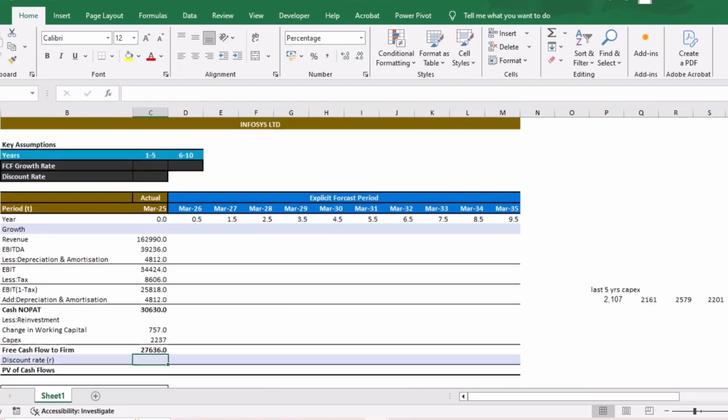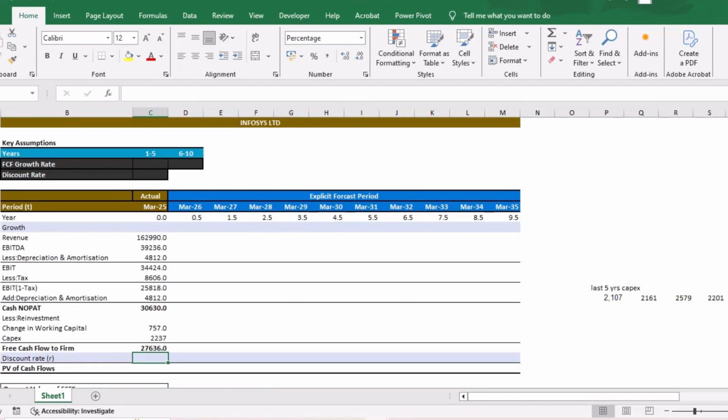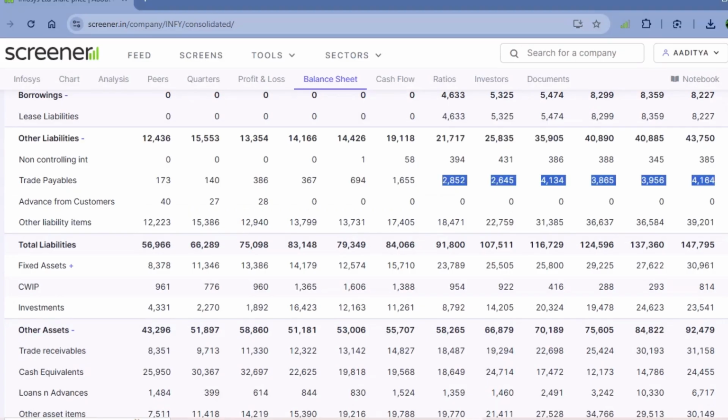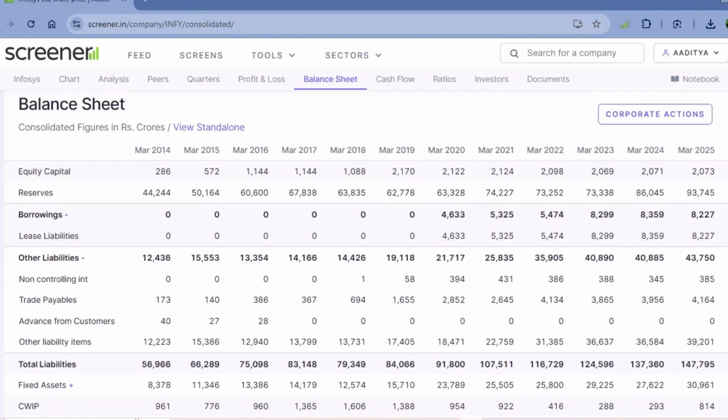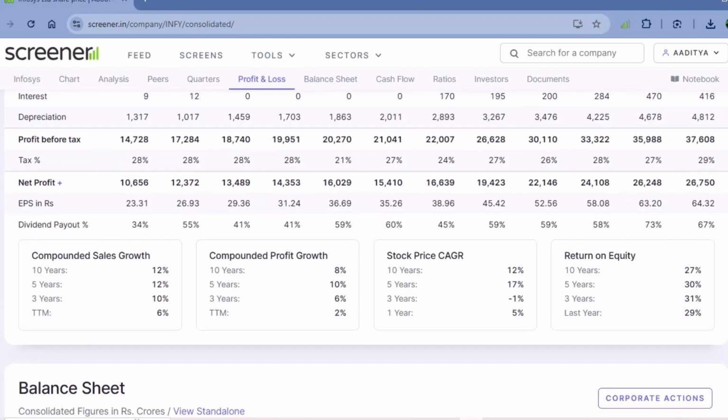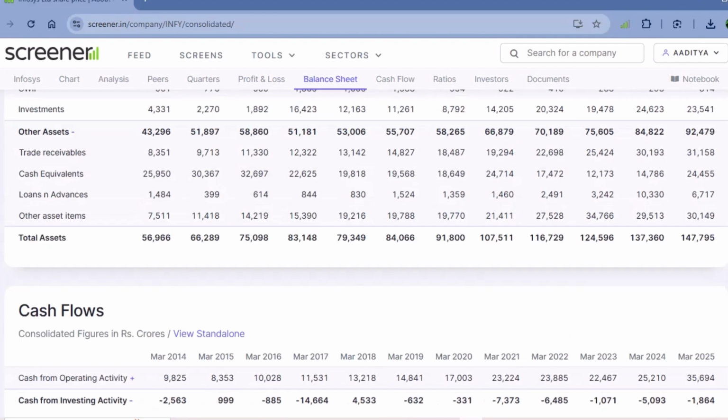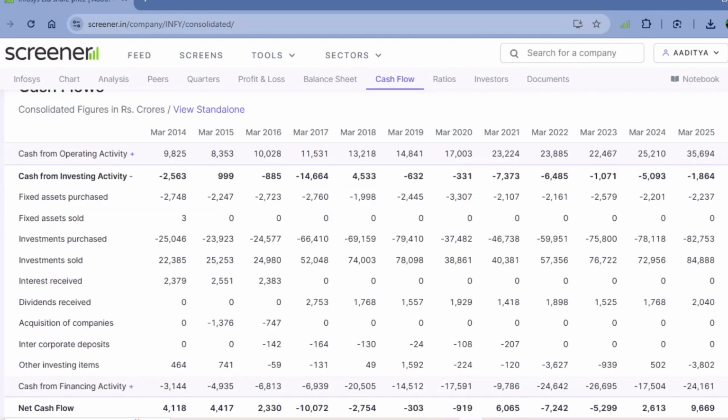Okay, so for forecasting the future growth, we have already seen the growth in the past. It is around 10 to 11% basis the CAGR. Okay, let's get the management view.